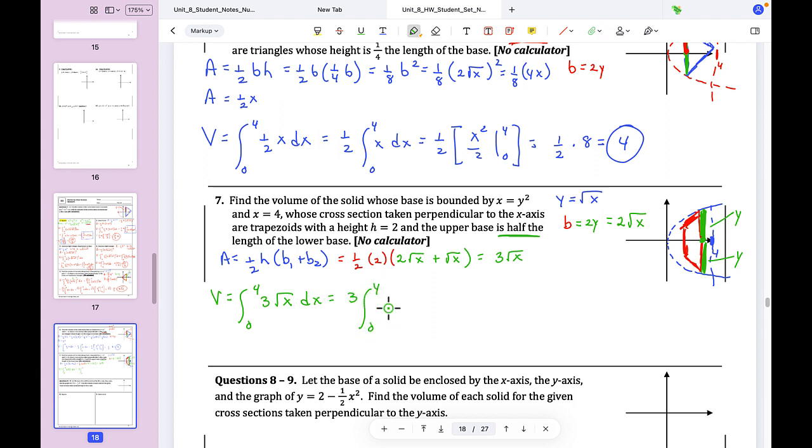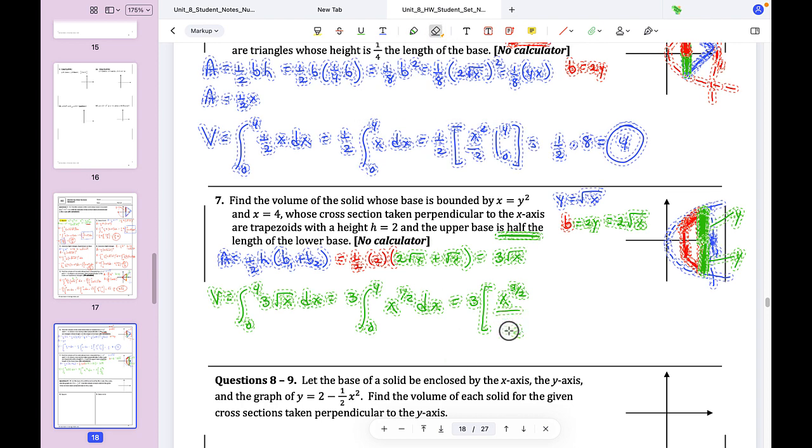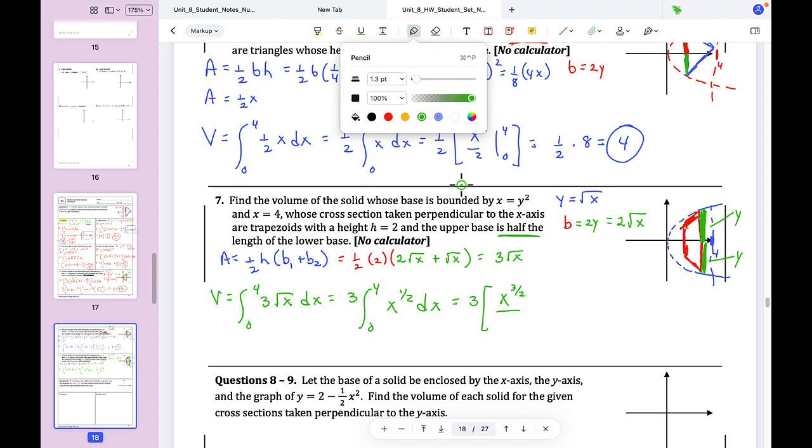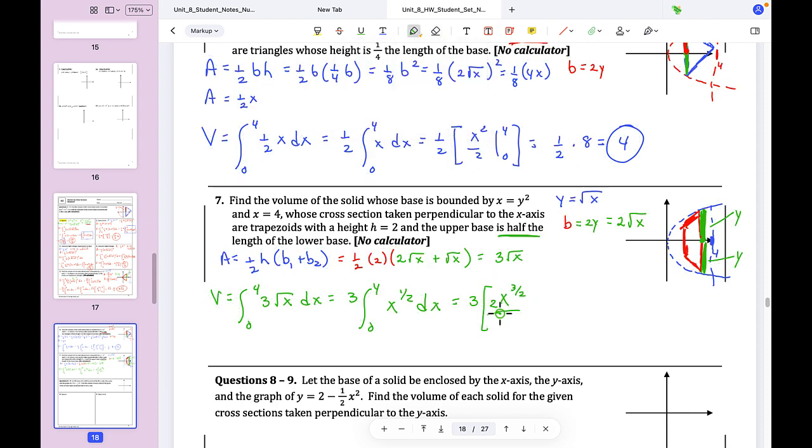which is 3 integral from 0 to 4 x to the 1/2 dx, which equals 3 x to the 3/2 divided by 3/2, right? But instead of saying divided by 3/2, we're going to multiply by 2/3. Okay, and that's going to be evaluated from 0 to 4.